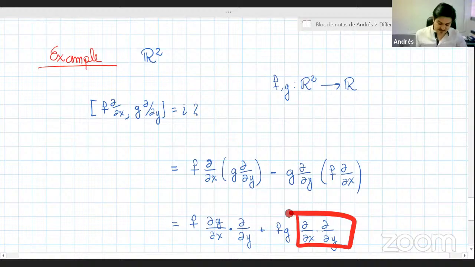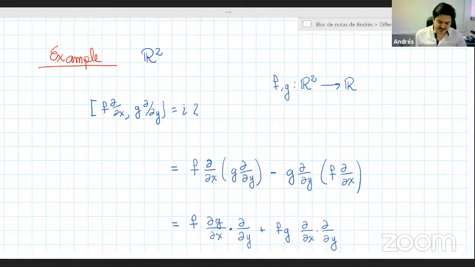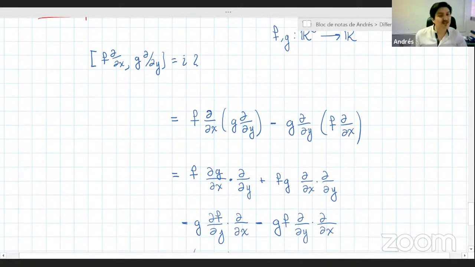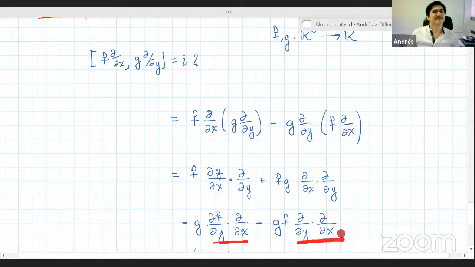Right? Now I need the second term. You have it there. This derivation of this product. You have it here, and you have it here. Okay? Salvador, is this clear?